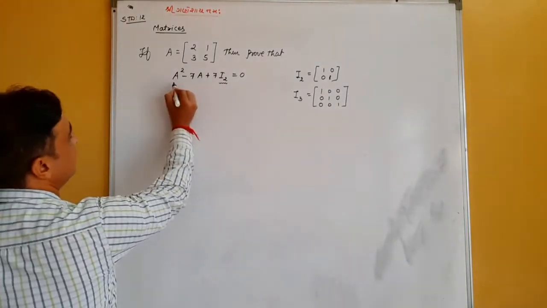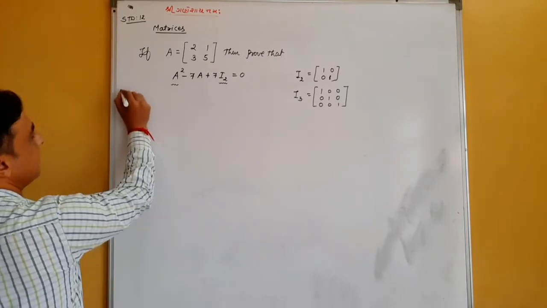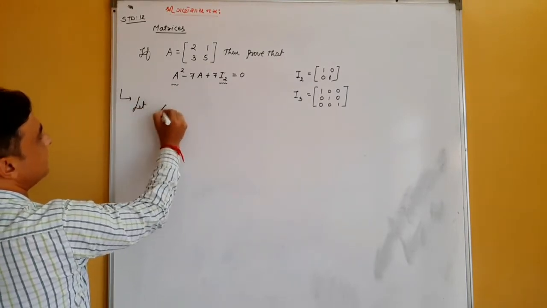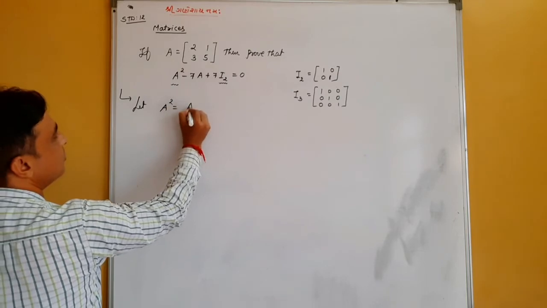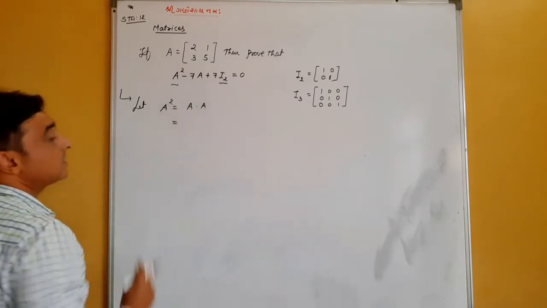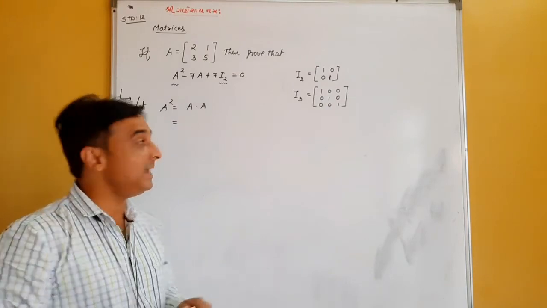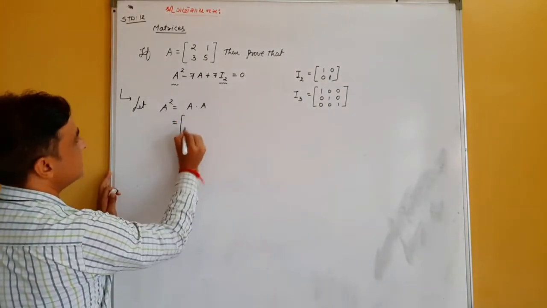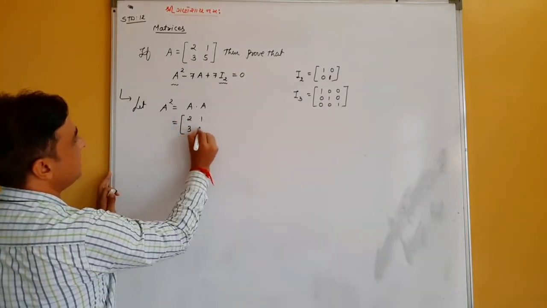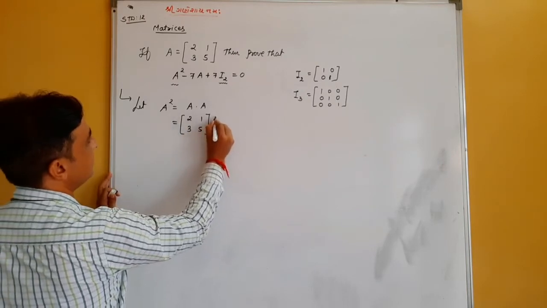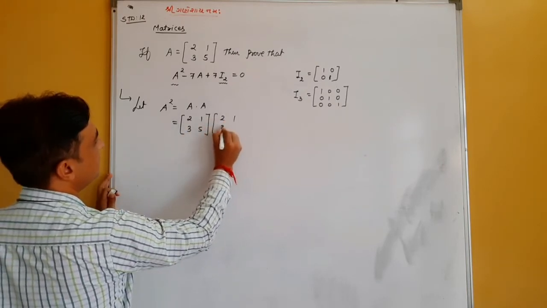Now prove that. For that we have to find A square. So A square equals A into A, the product of matrix A two times. So A is 2, 1, 3, 5 into 2, 1, 3, 5.